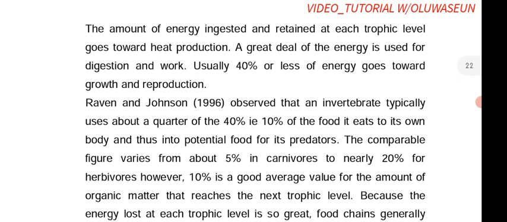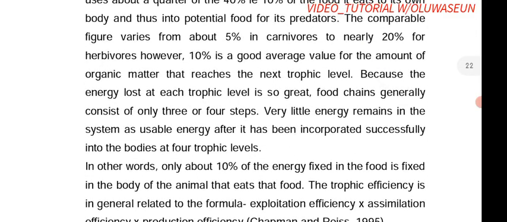So if it is only 10% that is being used by our body to grow our muscle and everything, and in any case something else eats it up, that means the thing that eats that particular organism only eats just 10% of that energy that has been created. But that does not mean that the energy that is not being used by the animal will get lost, because there is a law, the law of thermodynamics.